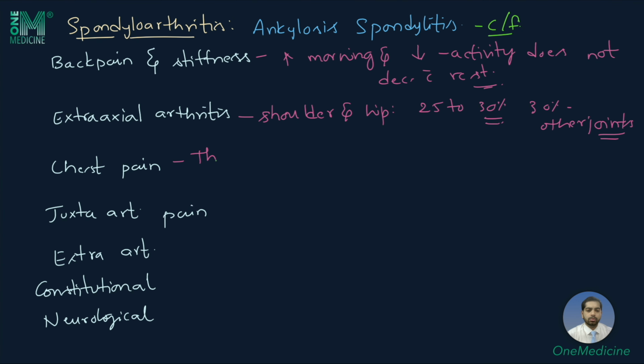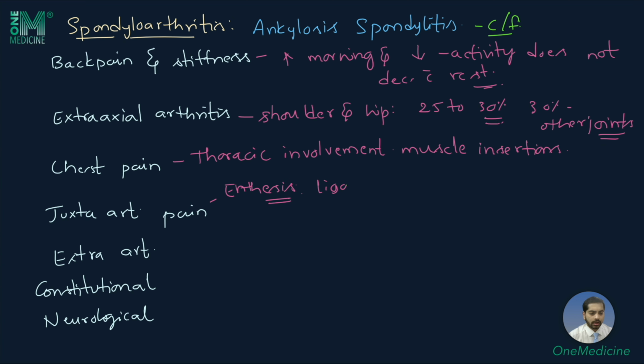Chest pain can be due to thoracic involvement and involvement of muscle insertions in the rib cage. Juxta-articular pain can be due to enthesitis, which is the inflammation of the location at which ligaments and tendons are inserted.